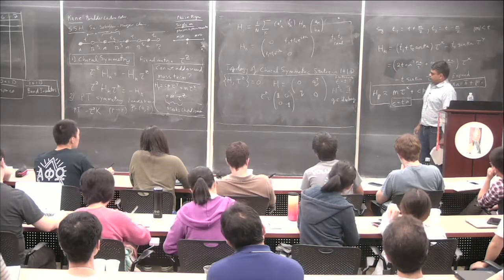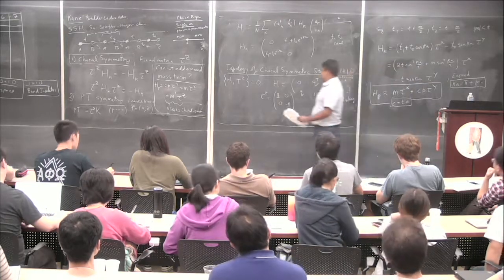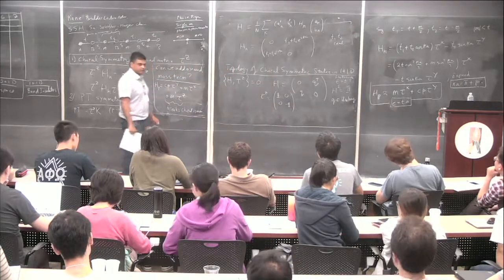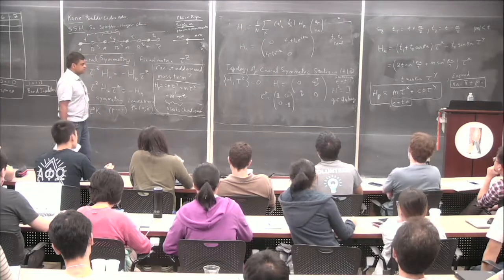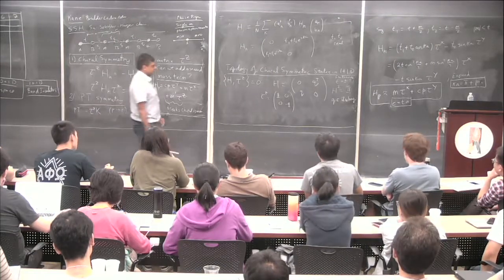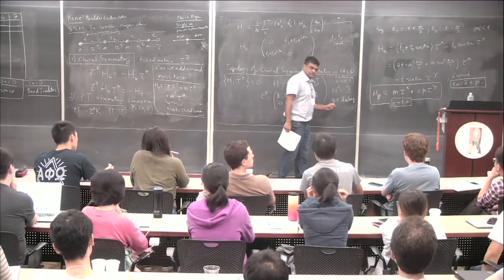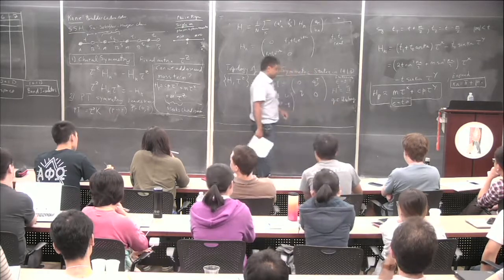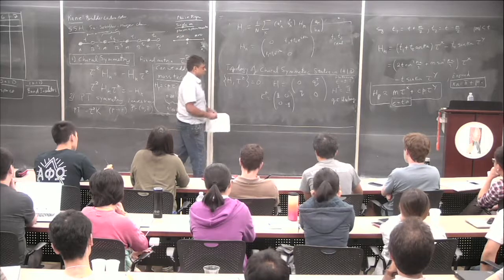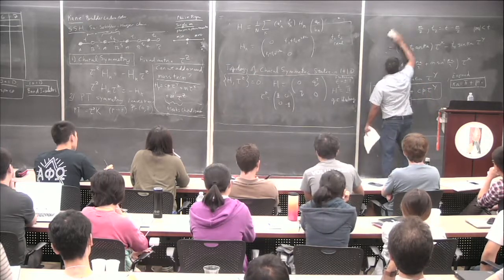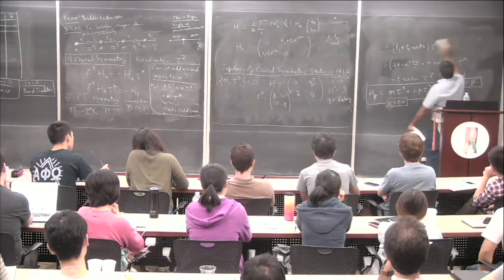So the whole question of what are the distinct phases that can appear for these chirally symmetric Hamiltonians is reduced to a question of classifying these unitary matrices. At every point in your Brillouin zone, you have a single unitary matrix. Let me just set that up and tell you the answer.